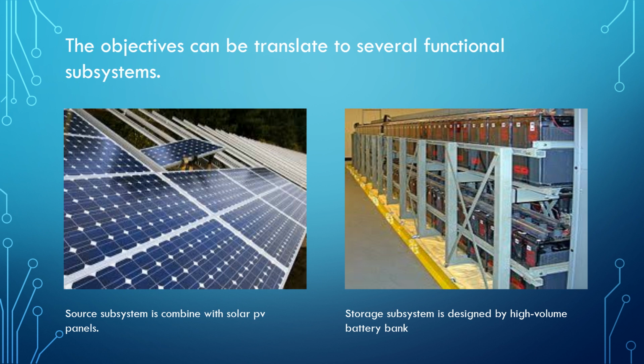The objectives can be translated to functional subsystems. The first subsystem is the collection subsystem. It is made up of the solar PV panels, which collect solar energy from the sunlight. Another one is the storage subsystem. It is designed with a high-volume battery bank, because the solar panels collect the energy from the sunlight and it is stored here.